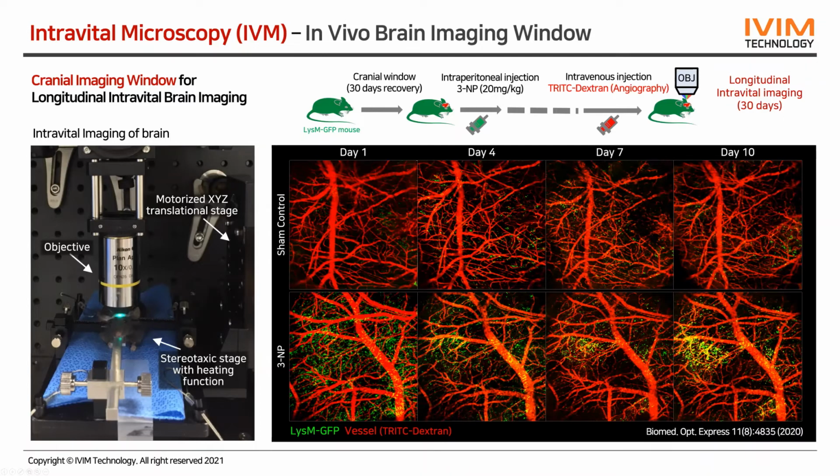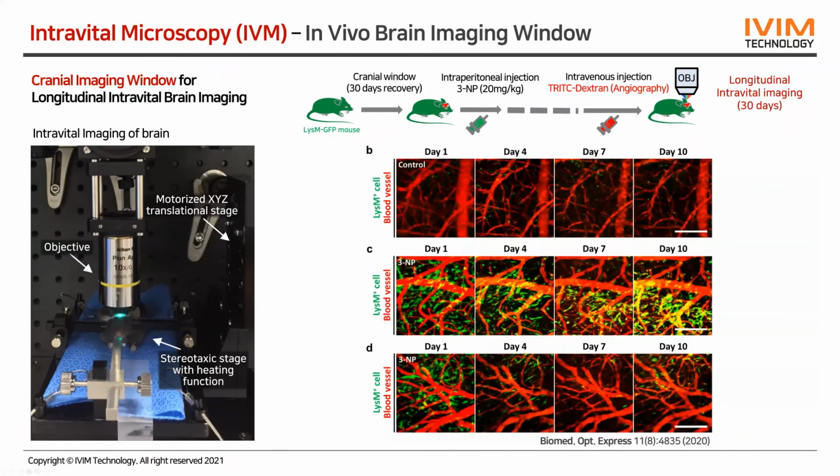In the first 10 days, this is the example. This is the observation of the same site in the brain through the cranial imaging window. You can see the infiltration of these RIG-MGFP expressing cells in the brain.